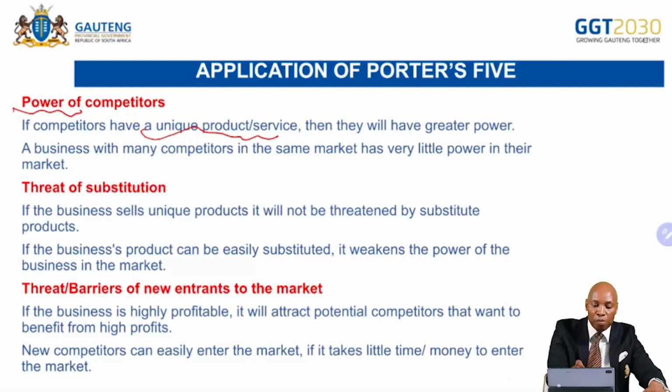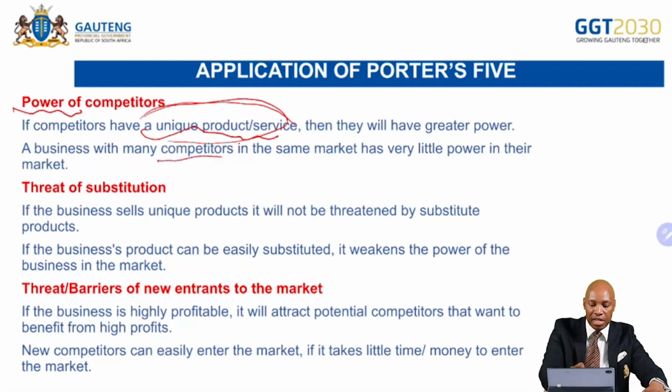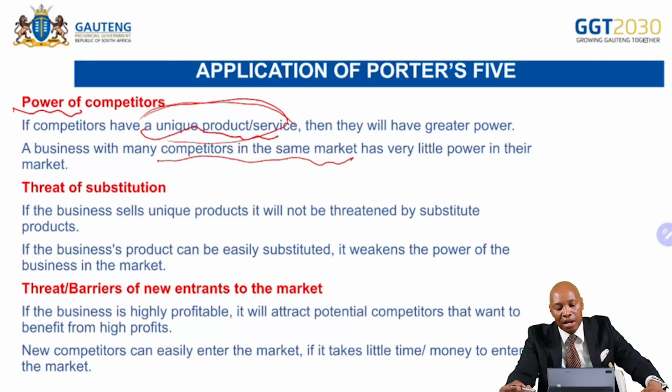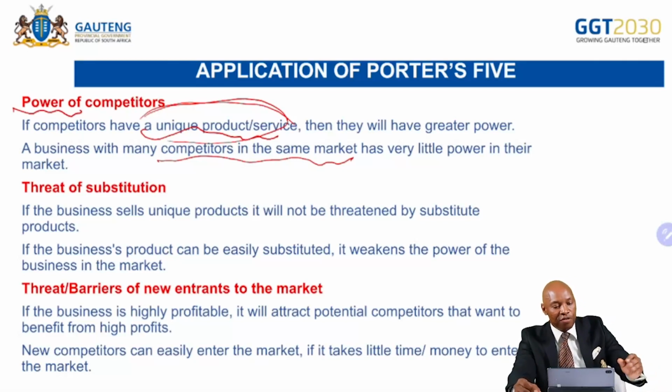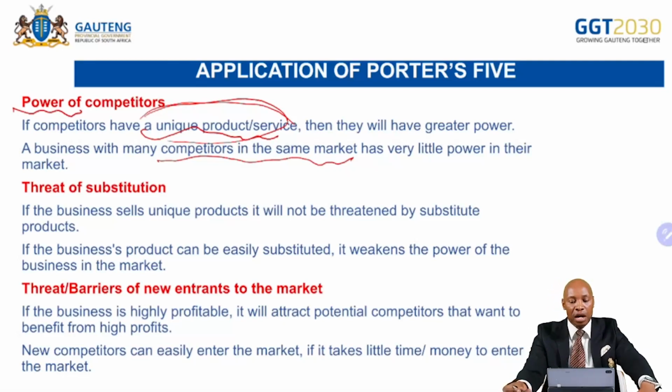You can also say a business with many competitors in the same market has very little power in their market. But if competitors have unique products, they will have a greater power.